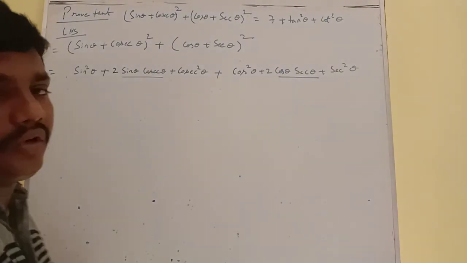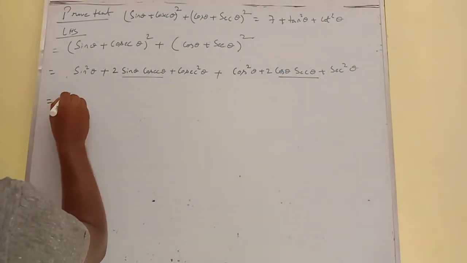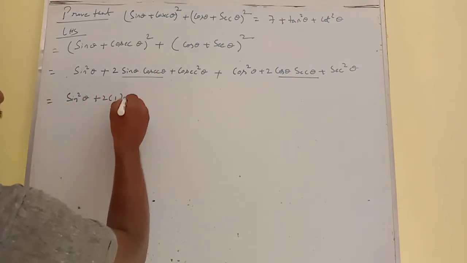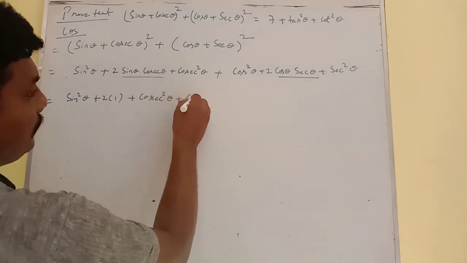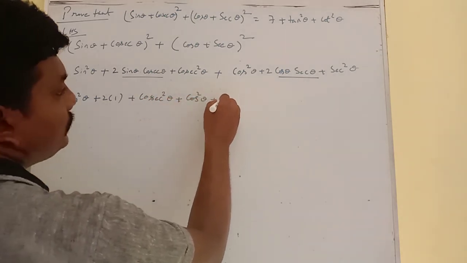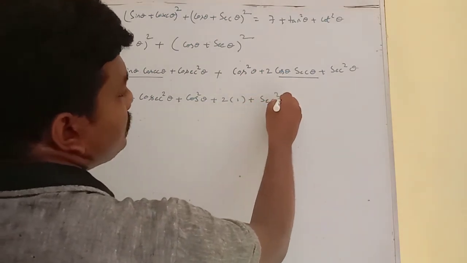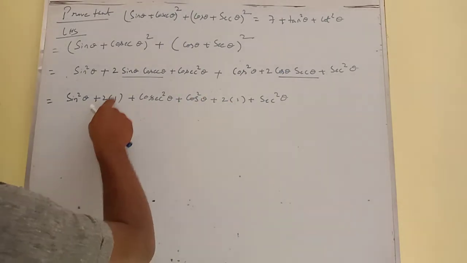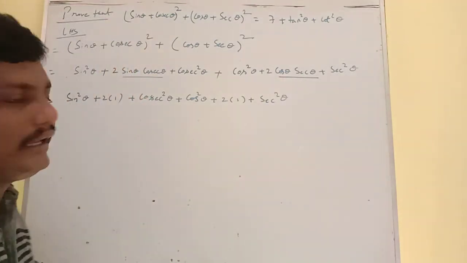Now we know sin theta into cosecant theta is 1, and cos theta into secant theta is 1. This is called reciprocal ratios of trigonometry. Now this can be simplified: sin square theta plus 2 into 1 plus cosecant square theta, plus cos square theta plus 2 into 1 plus secant square theta. Why should we keep 1 and 1 here? This one is sin theta into cosecant theta, and this one is cos theta into secant theta.